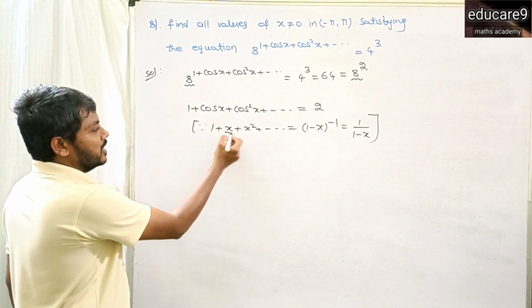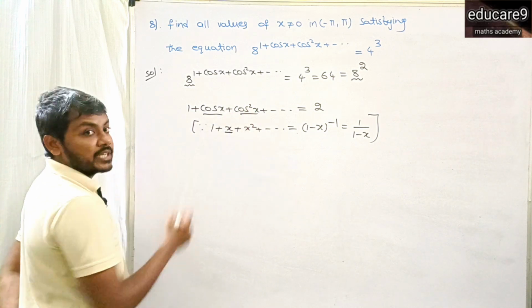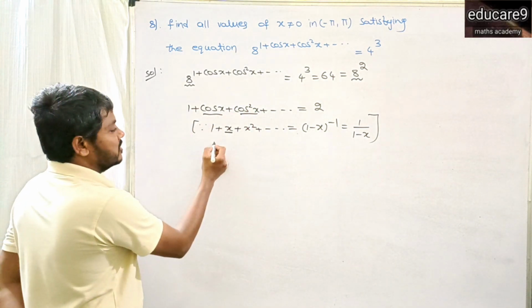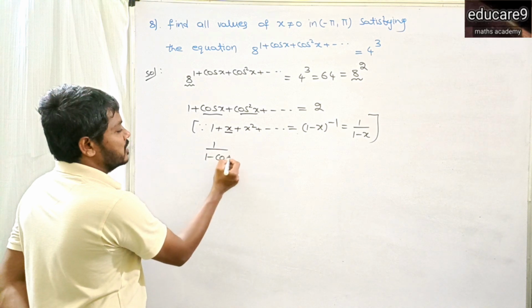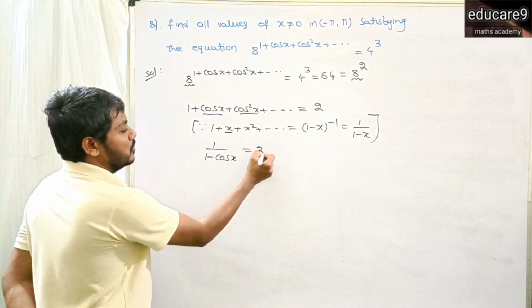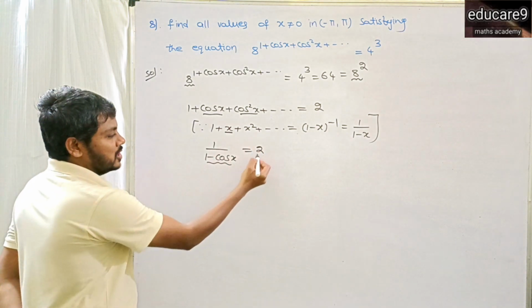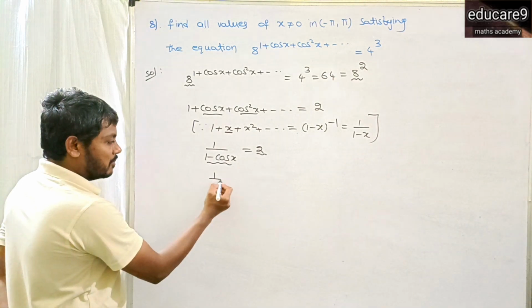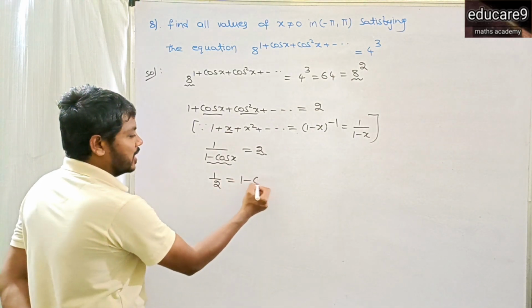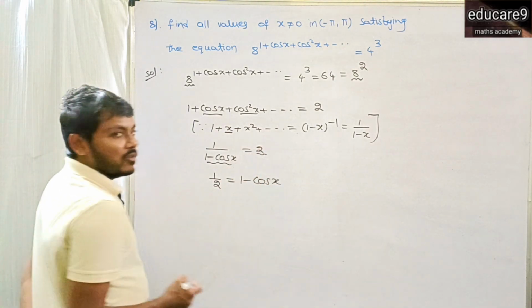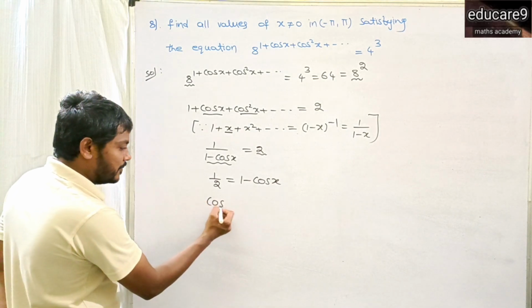Now, in place of x, what is the value? Cos x. So clearly this formula is 1 by (1 minus cos x) equals 2. So interchange these two, which is 1 by 2 equals what? 1 minus cos x.